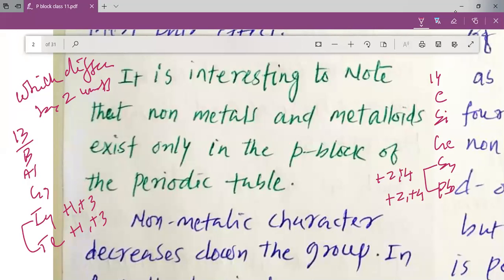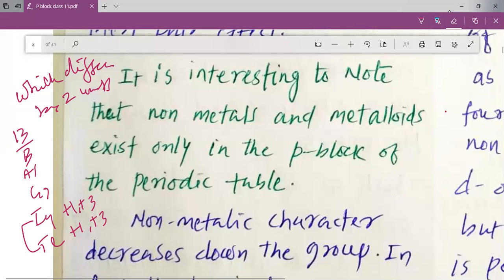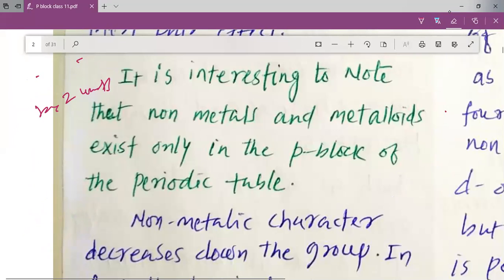They show this because of one special characteristic, which is known as the inert pair effect. We will discuss this inert pair effect in detail later. Please remember, my dear students, in 11th class we will study group number 13 as well as group number 14.